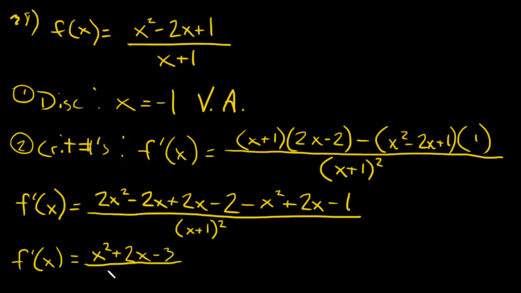And all of that is over x plus 1 quantity squared. So that is our f prime of x. So now we can move into discontinuities and all that good stuff. So here we go. f prime of x wound up equaling x squared plus 2x minus 3, and all that was over x plus 1 quantity squared.